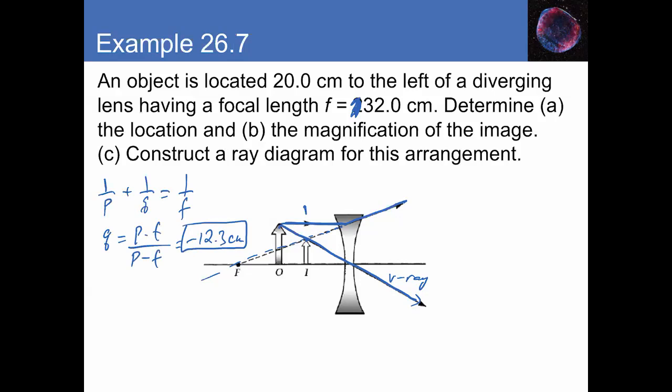Now, magnification is negative Q over P. So negative 12.3 over the object distance, which is 20, remember? We're going to get 0.615. That means it's upright because it's positive, and it's about 61% of the object. That means it's, again, smaller than the object.